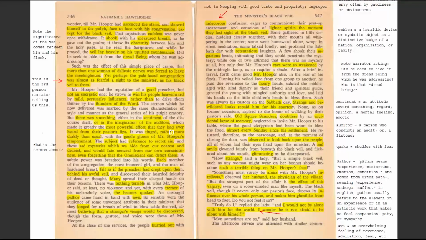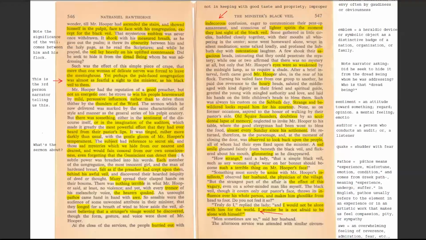I want you to think about this throughout the analysis, because I don't believe it. But anyway, the subject of his sermon was secret sin and those sad mysteries which we hide from our nearest and dearest, and would fain conceal from our own consciousness, even forgetting that the omniscient God can detect them.